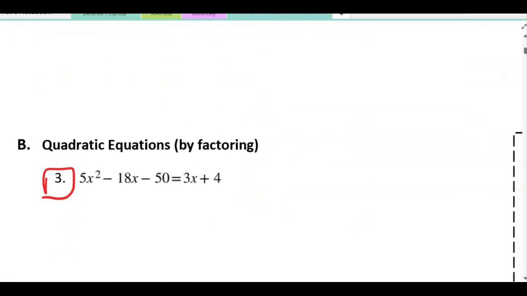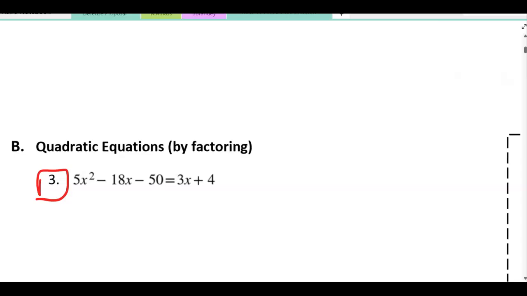Let's see. So this is solving a quadratic equation. Again, when we're solving a quadratic equation, we would like to see 0 on one side, preferably the right-hand side. So I'm going to subtract 3x and add 4 on both sides. That will be 5x squared minus 21x minus 54 equals 0.